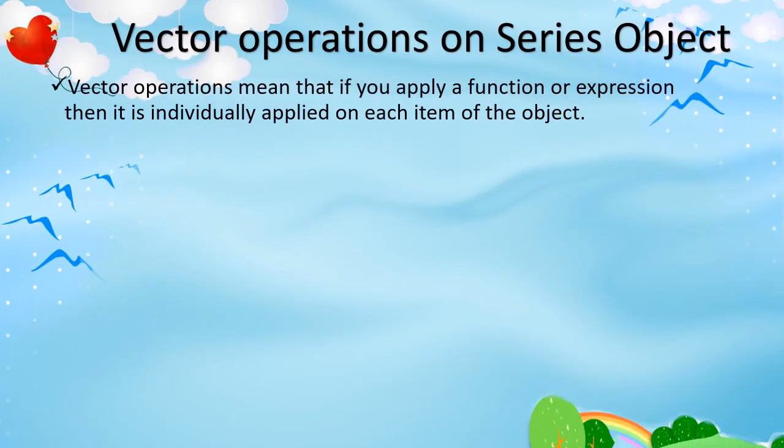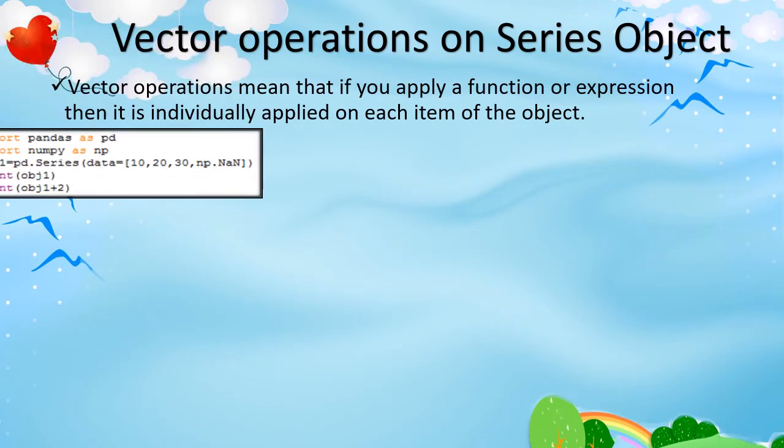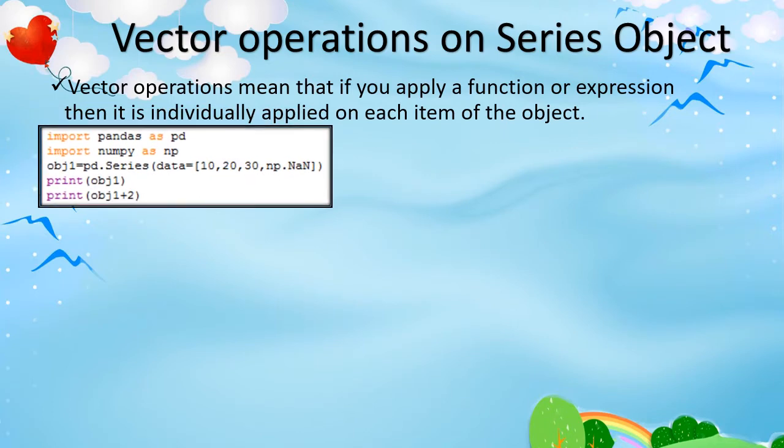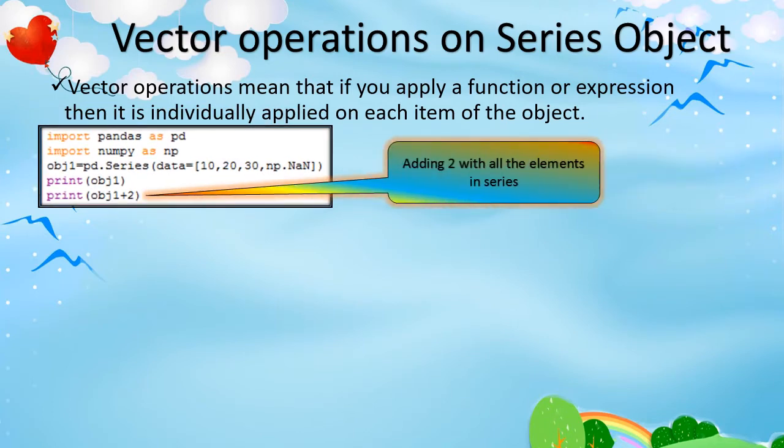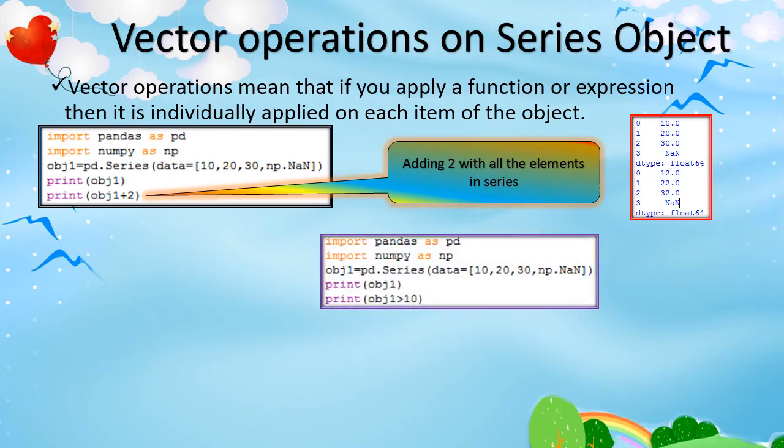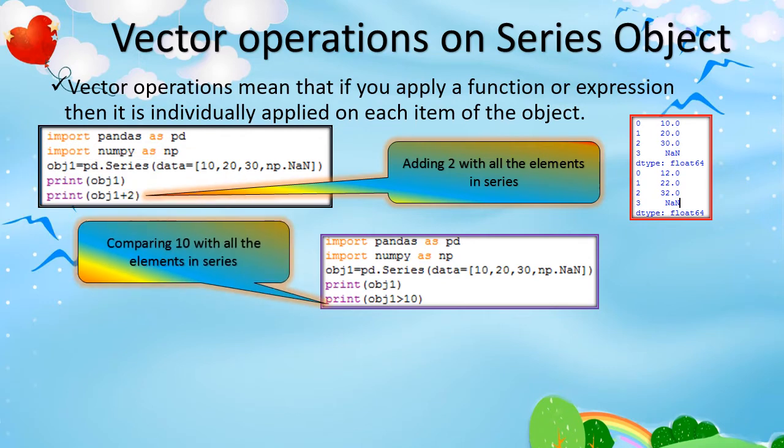Vector operations we apply to each element in that series object. So here just adding 2 to all the elements except not-a-number values, all the values are added with 2. The output. Next we are checking the condition obj1 greater than 10, so all the elements are compared with 10.